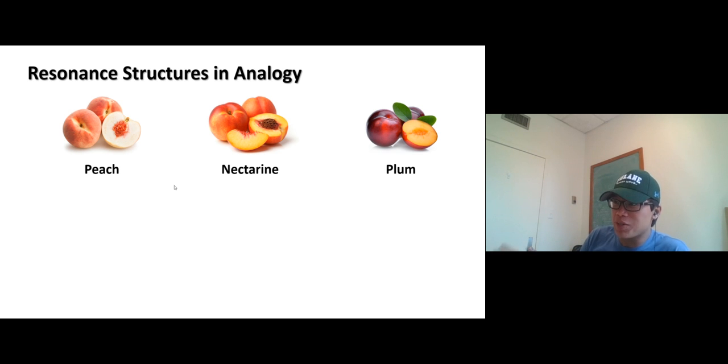Right, that's a nectarine. It's somewhere between a peach and a plum. So the image of the peach by itself is not enough to explain what a nectarine looks like. And the same thing, the image of a plum by itself is not enough. But if you put them together, you kind of get an idea what a nectarine looks like and tastes like as well.